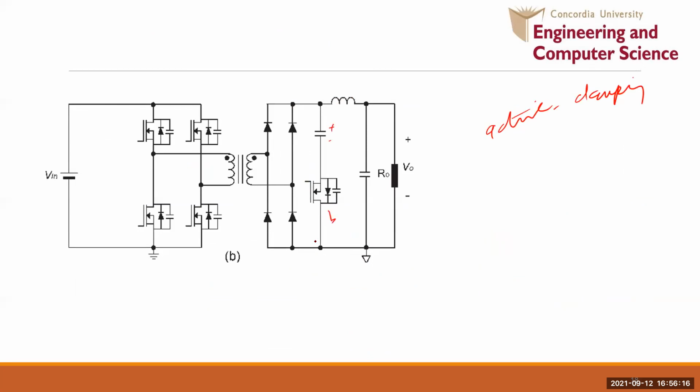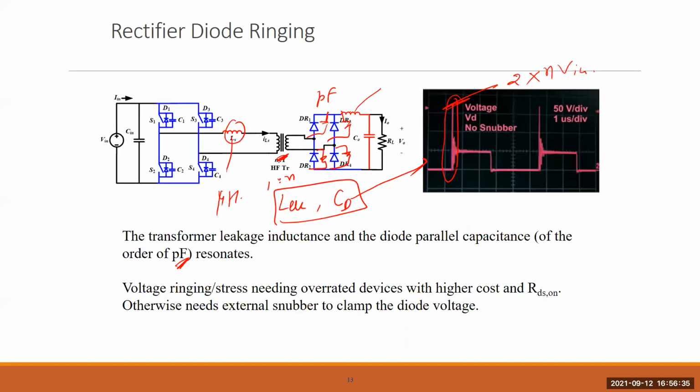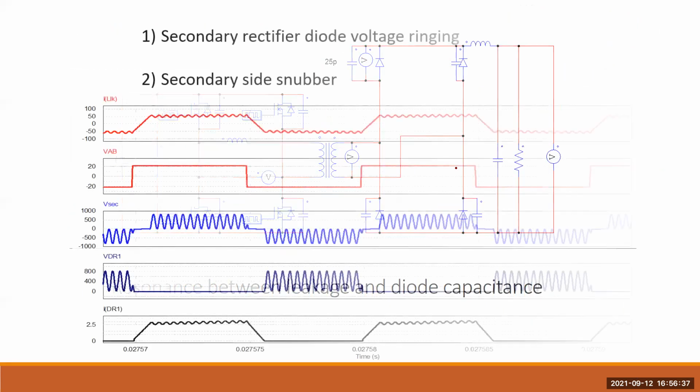So there is a switch here. What happens is that whenever the switching happens for the change of the direction of current, you have duty cycle loss, and you have this rectifier diode ringing from this time to this time, right? This ringing is for a time when the diode is changing direction.